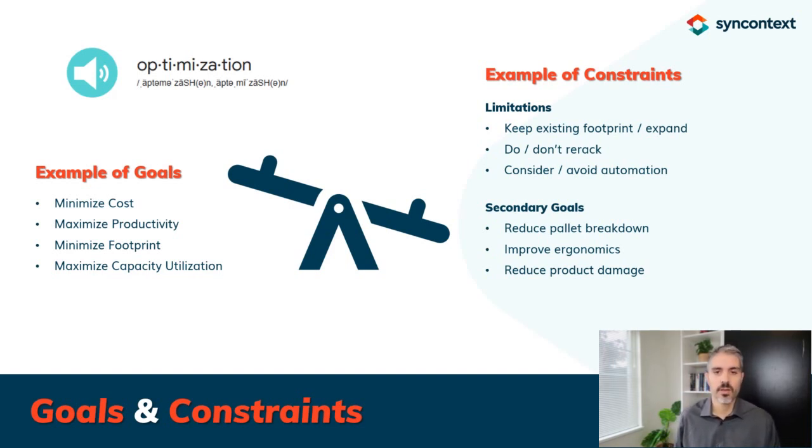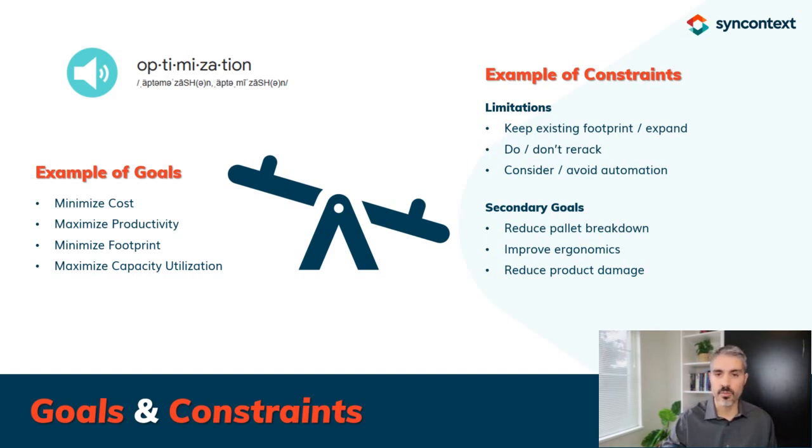So we have this goal that we need to pursue, and it's important to have that clear in our optimization exercise. But we also have the constraints that we talked about, and these can be in the form of limitations that we'll encounter when we try to optimize, such as if we're optimizing a distribution center operation, whether or not we're limited to what we can do to the racking. Can we change it? Can we reprofile? Or is that a constraint? Should it stay the same?